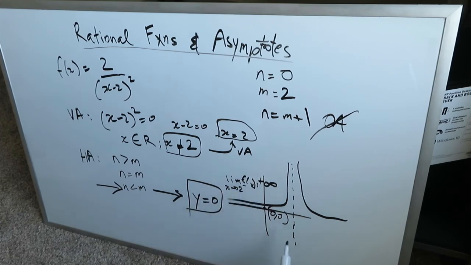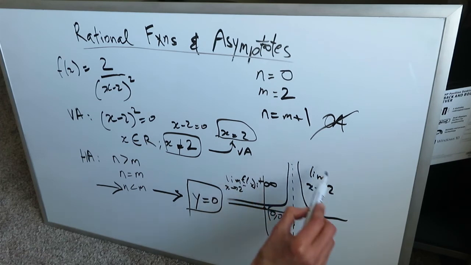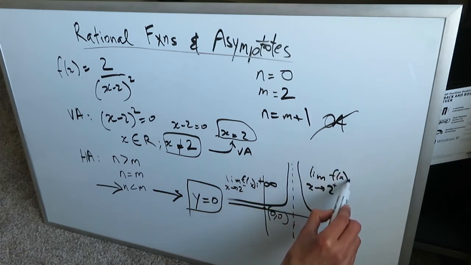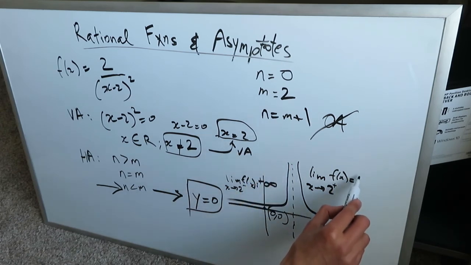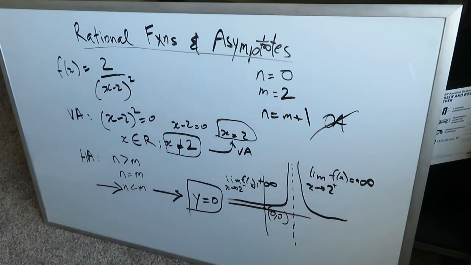And I'm talking about the vertical asymptote over here. Look at this, limit as x approaches 2, but from a rightward direction. Your function f of x will again exceed all bounds, again in a positive infinity direction. Those are your vertical asymptotes explained, right?